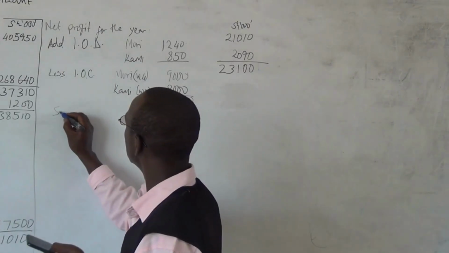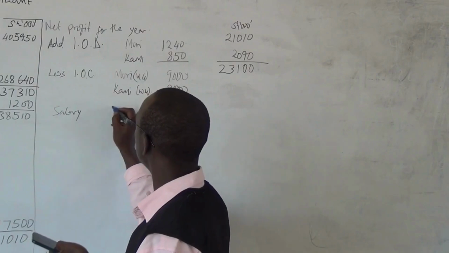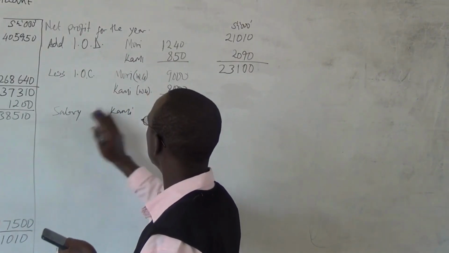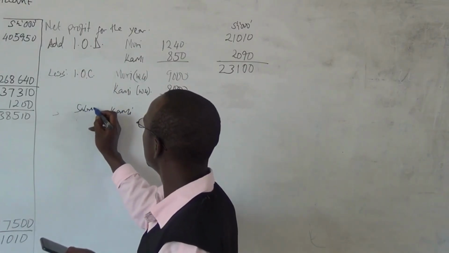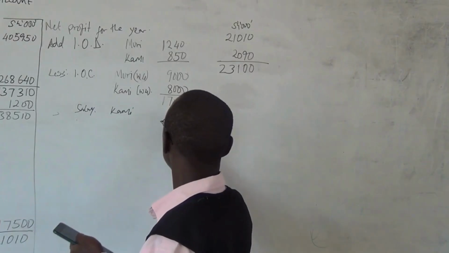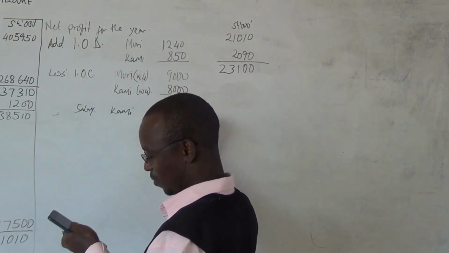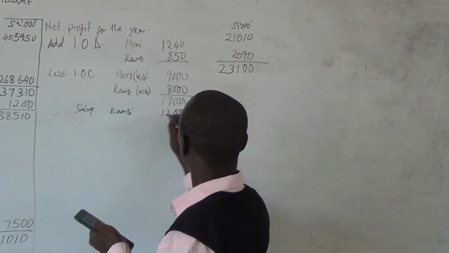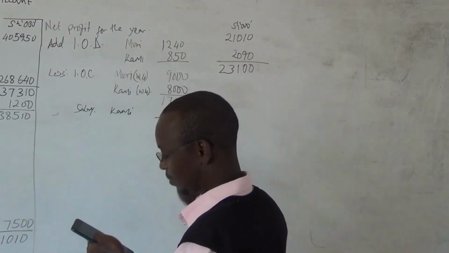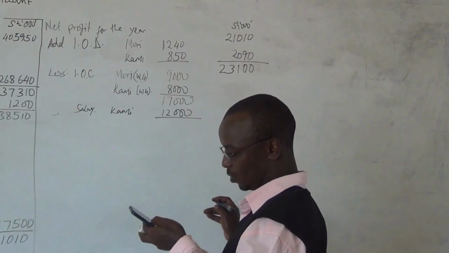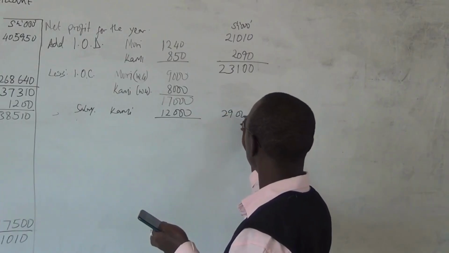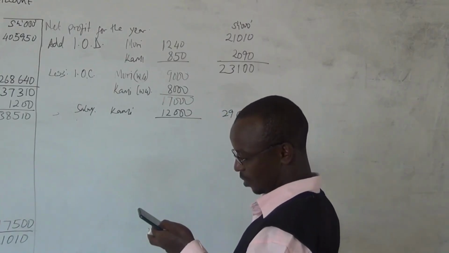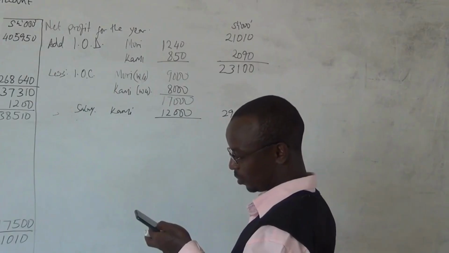Then salary to come in. This is analysis. Salary to come in, you get 12,000. Add these two now, so that you get 29,000. That is the total appropriations.